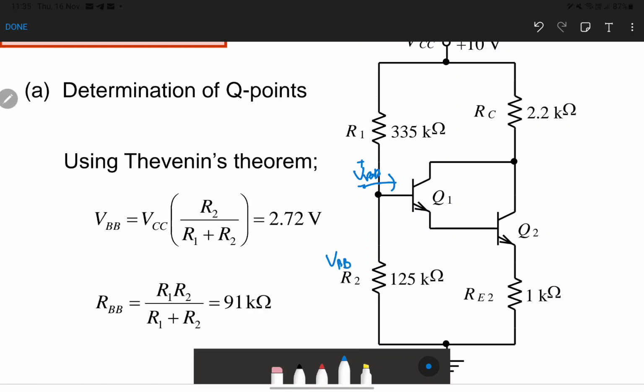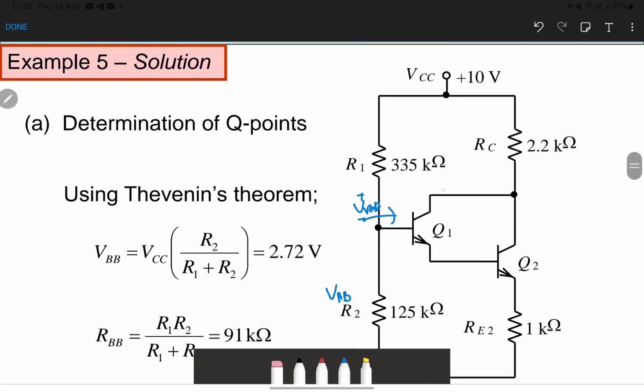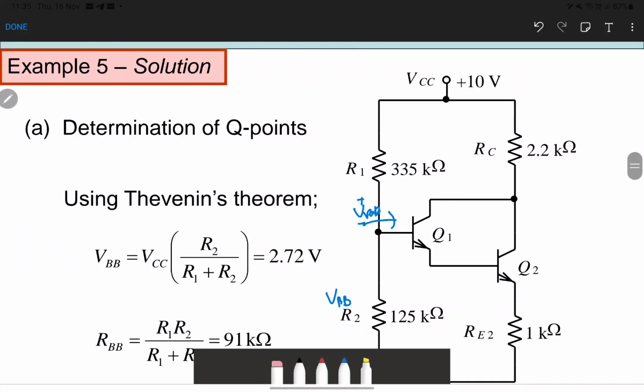It is because from 10 volts, the voltage V1 will be deducted, and the balance of VCC and V1 is the voltage entering the base.